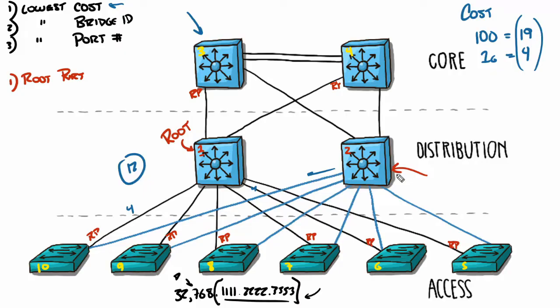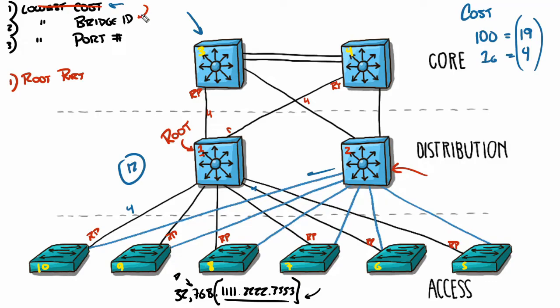Look at him. If he goes this way, he's got a cost of 4 plus 4. That's 8, right? Okay. He goes this way or that way or any of these other ways. Okay, that's also 4 plus 4. So that'd be a cost of 8. So this is where the lowest cost is a tie. Okay, so it's going to come down here and go, okay, my next one would be the lowest bridge ID.